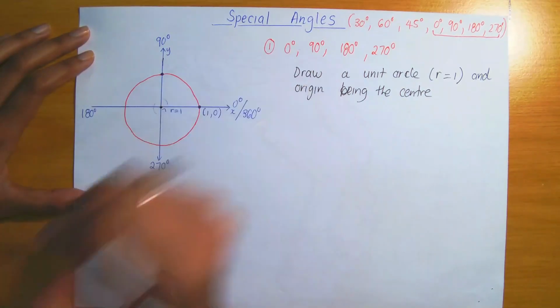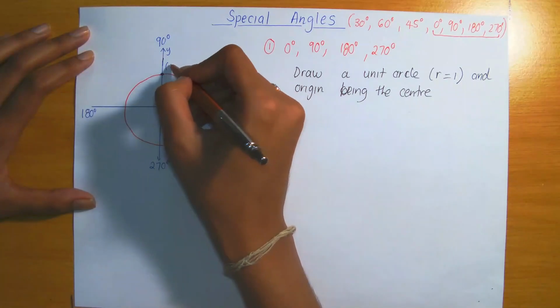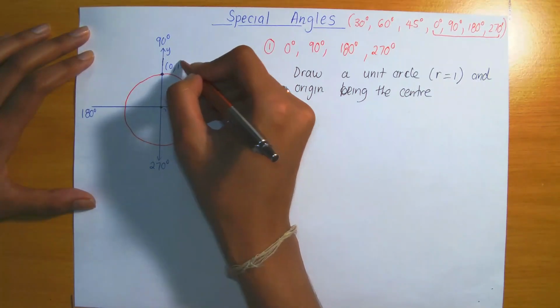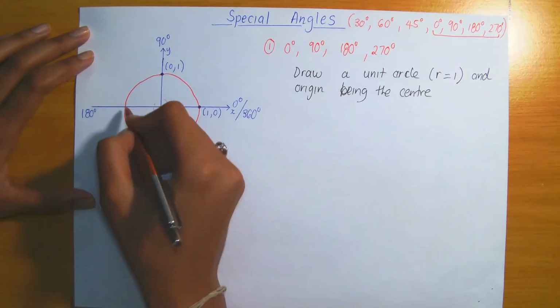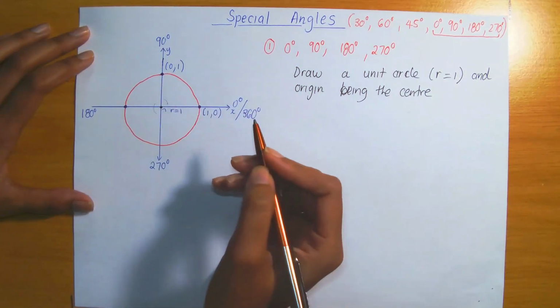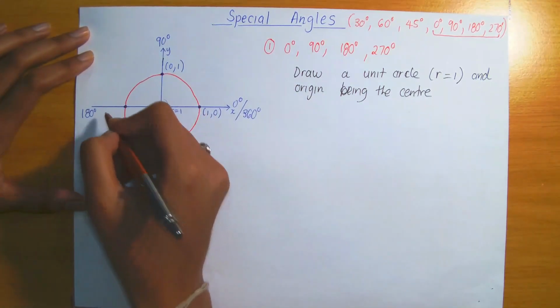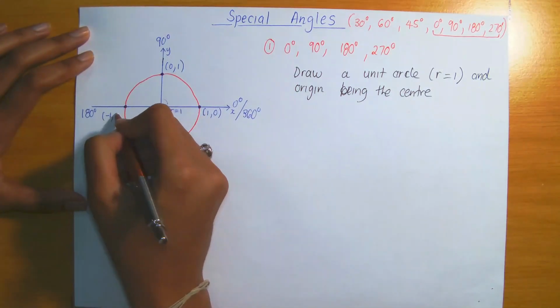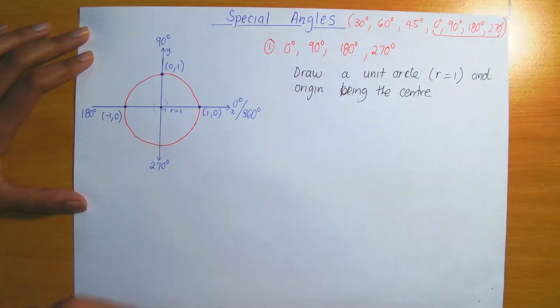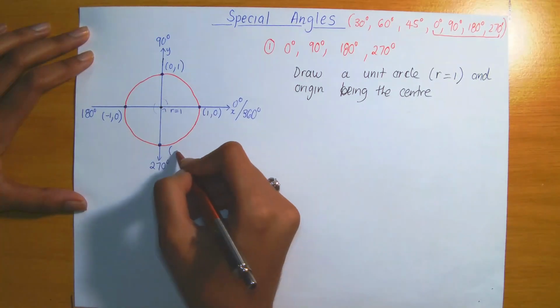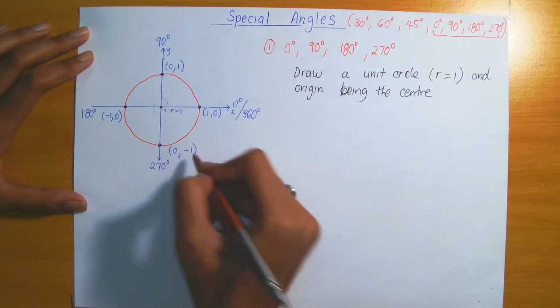Similarly here, since this is a y-intercept, x is 0, and since radius is 1, the y-coordinate is 1. At this x-intercept, the coordinate is negative 1 with y-coordinate equal to 0. And finally, this y-intercept here would have coordinates 0 and minus 1.